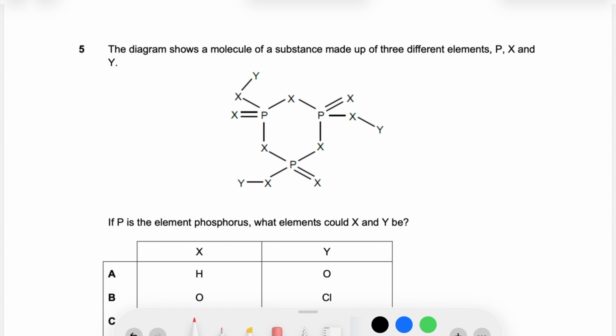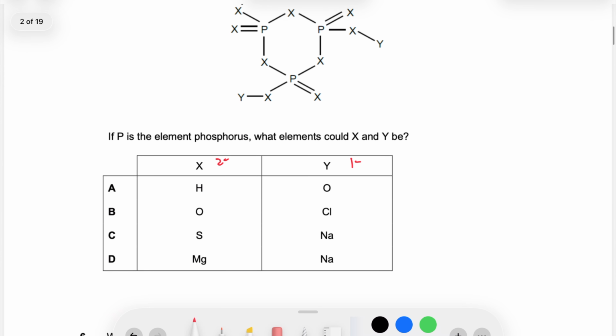Question 5. The following shows a molecule made out of 3 different elements. It's a molecule, so most likely they are all non-metals. Y forms 1 bond only, so the charge of Y will be 1 minus, and X forms 2 bonds, so the charge will be 2 minus.